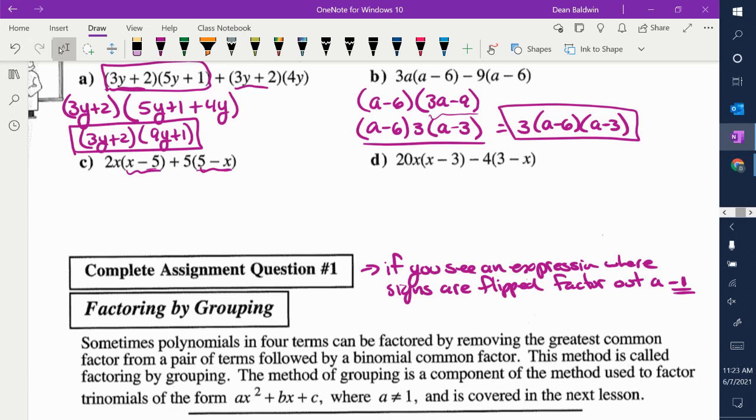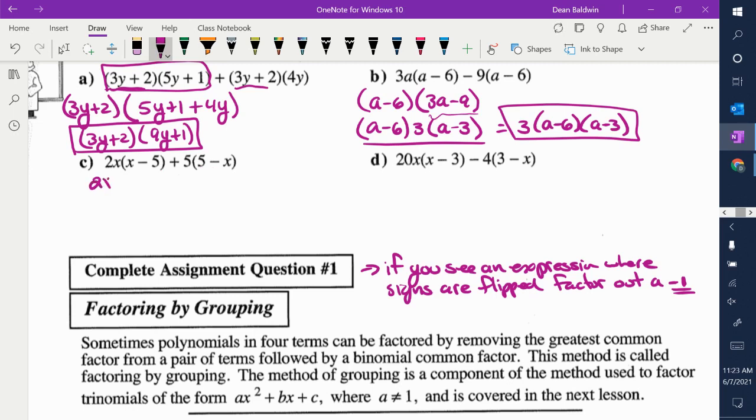So it doesn't matter which one you take the -1 out of. All right, the convention would be to take it out of the one where the variable is negative. So I would take it out of the second one.